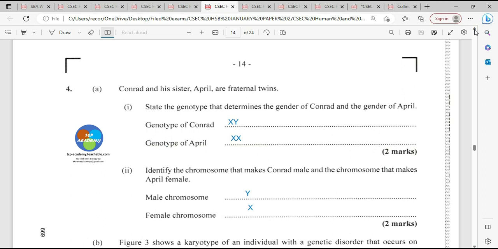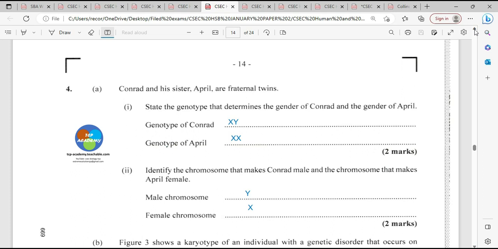Now the genotype here for the female is going to be XX, and for the male is going to be XY. On the other hand, if we were looking at phenotype, the phenotype for Conrad would have been male, and the phenotype for April would have been female.